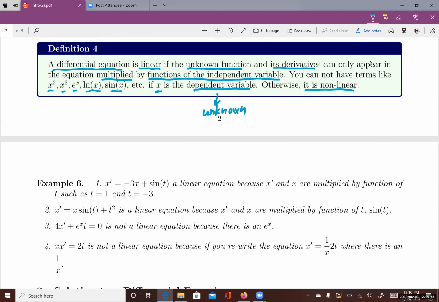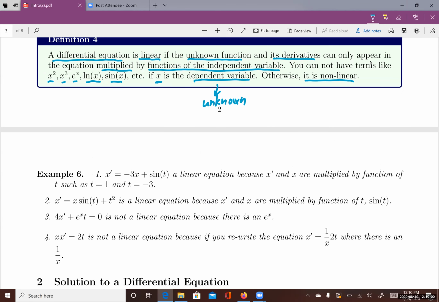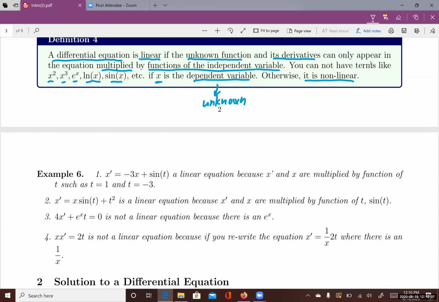Okay, let's look at example number 6. If you look at this first equation, you see x prime and x appear in it, and they are just multiplied by functions of t, in this case -3 and 1.